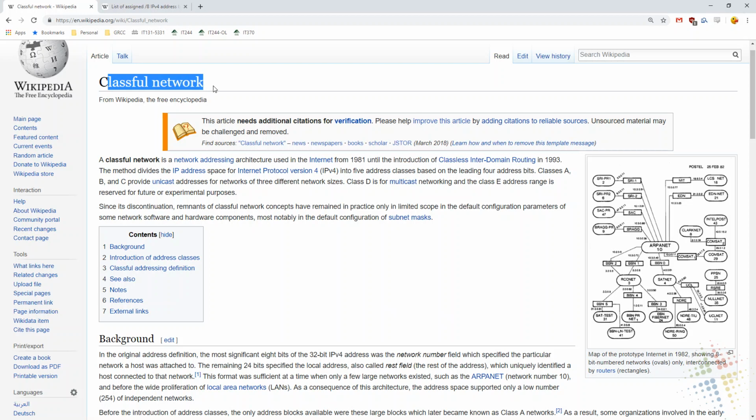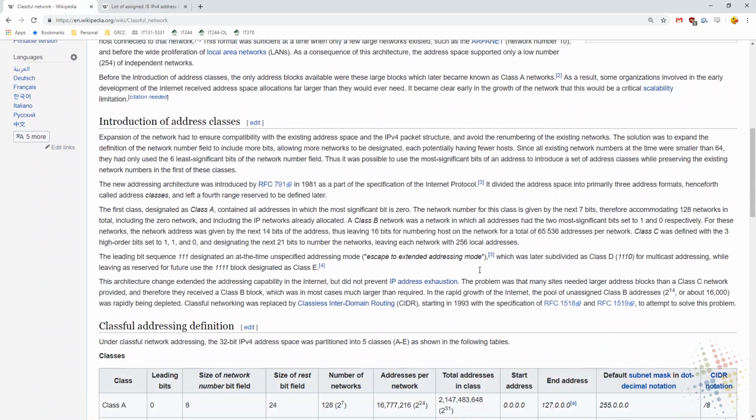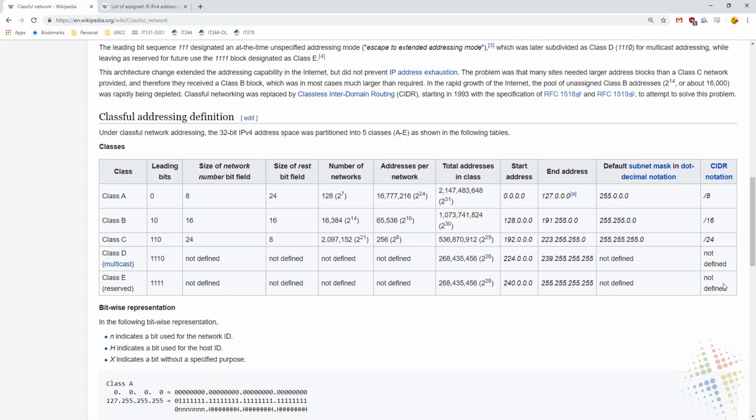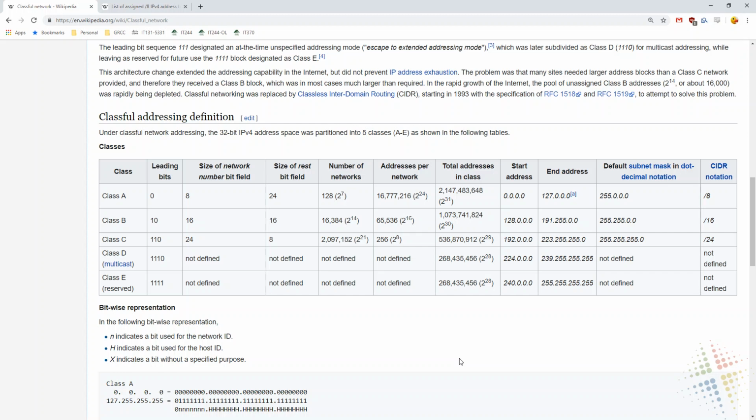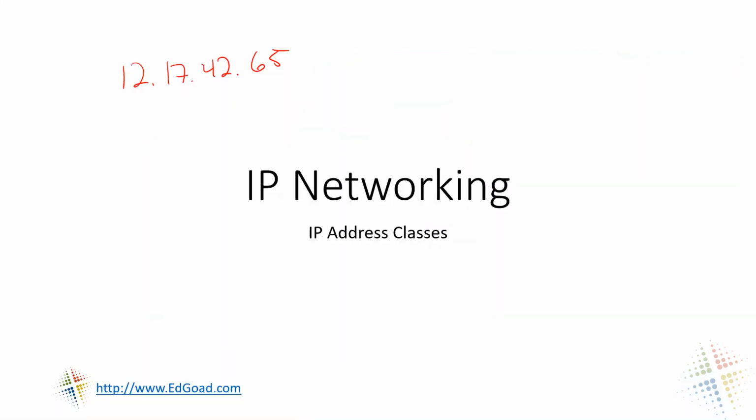The Classful Network Wikipedia article has all of that information broken down with even more right here. So if I look at that address of 12.17.42.65 and I look at that list of classful addresses, I can see this is in fact a Class A network. And then I can ask myself, what is the default subnet mask for this? Well, the default subnet mask is 255.0.0.0, and therefore I am in network 12. 12 is my network.